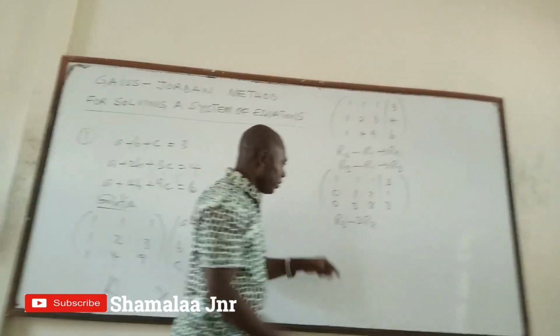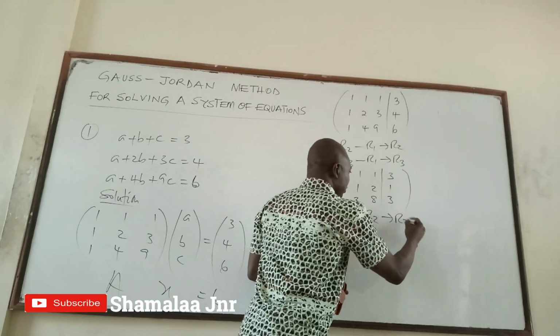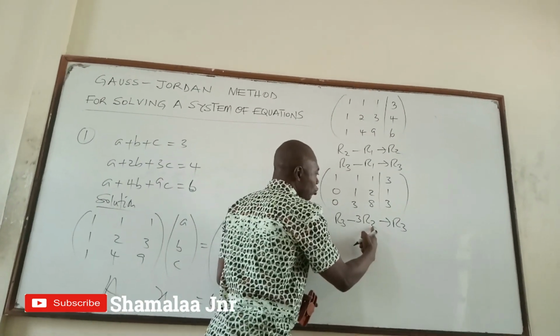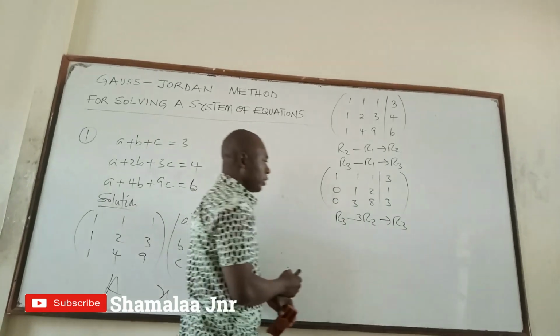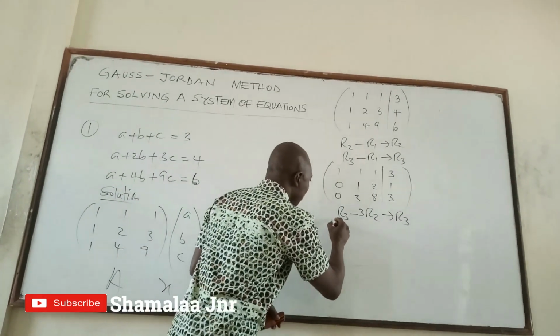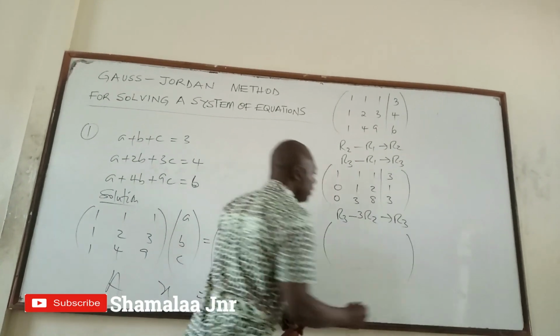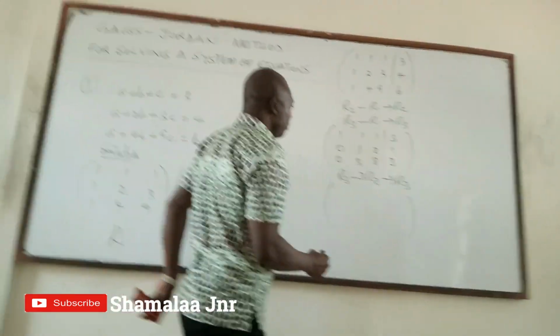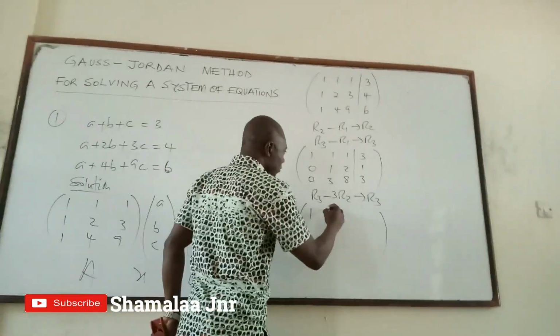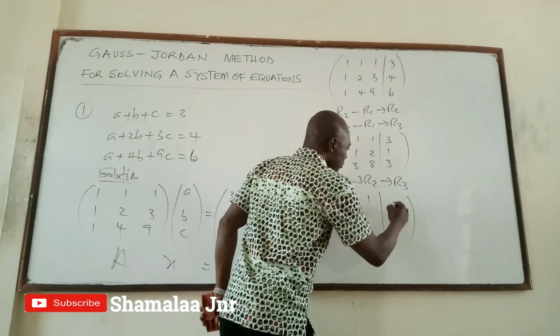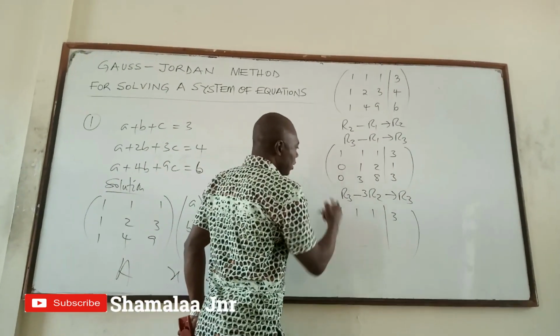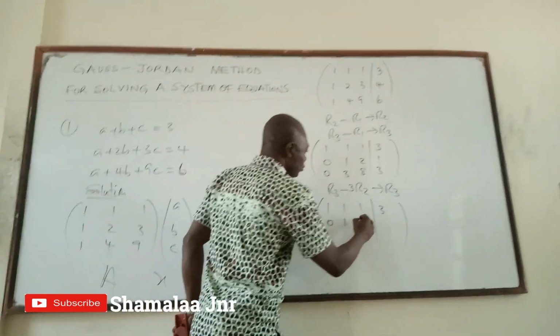So row 3 minus 3 row 2 should give you row 3. Let's perform this elementary row operation. 1, 1, 1, and then 0, 1, 2, 1.